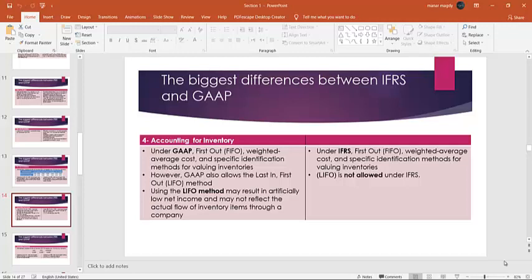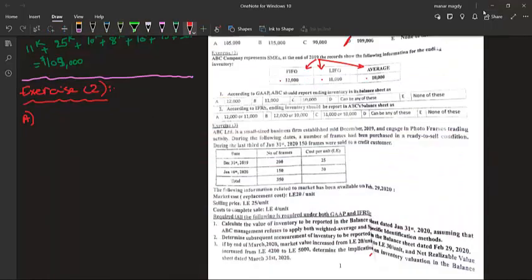However, IFRS applies only FIFO and weighted average and specific identification. And also GAAP applies specific identification. However, LIFO is not permitted under IFRS.